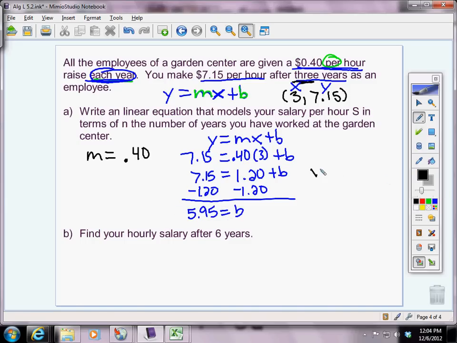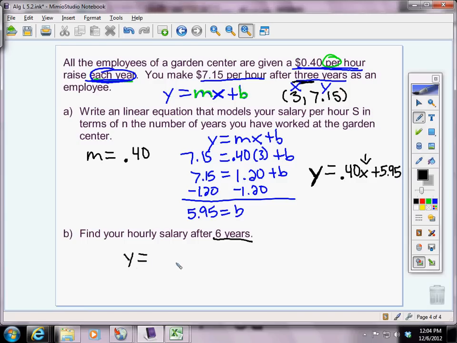So the equation we have is y equals your slope, which is 40 cents, times the number of years you've worked, plus your initial value, your initial wage. Now we can use that to figure out what your salary would be after 6 years. All we have to do is plug in 6 for x.